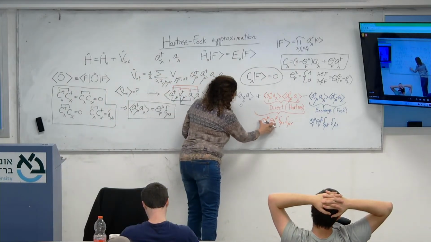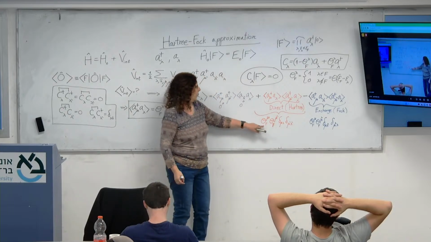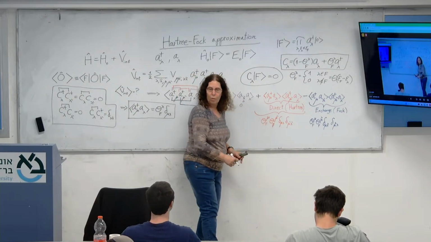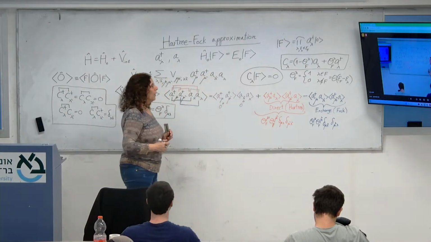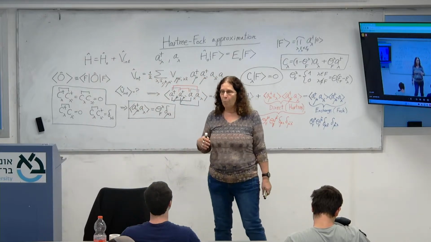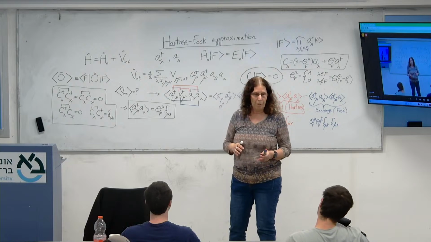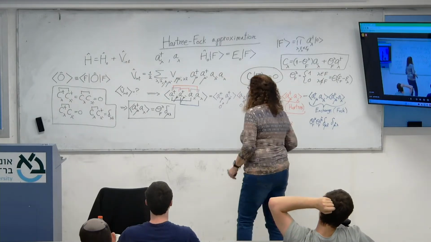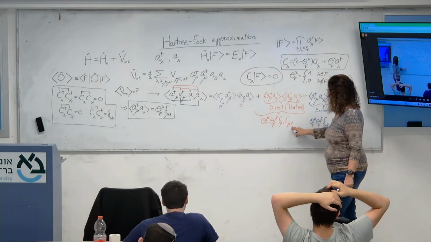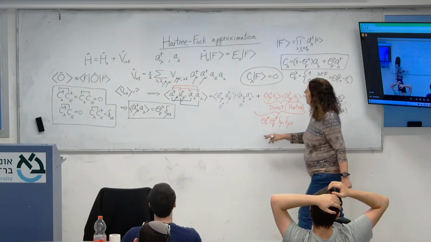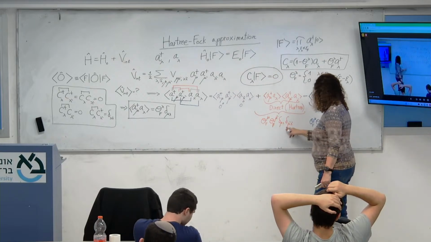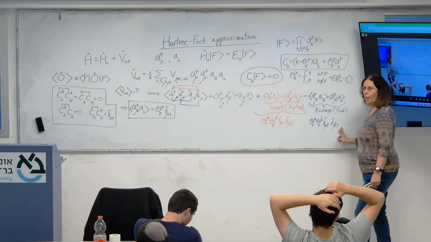First of all, it will be lambda equals mu and lambda prime to mu prime, and in the second term they are exchanged.